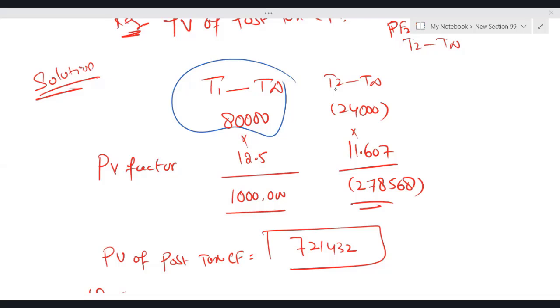Michael, when will you pay tax? Same thing is happening here. If income is coming from T1 till T infinity, but the question says tax is paid with a delay of 1 year, obviously we will be paying tax from T2 till T infinity.